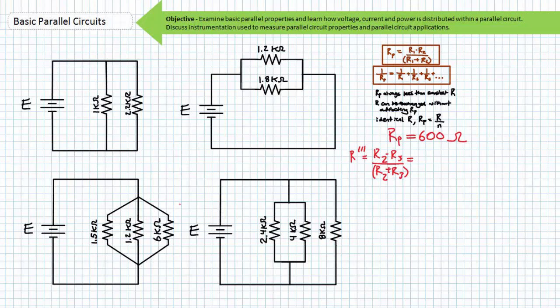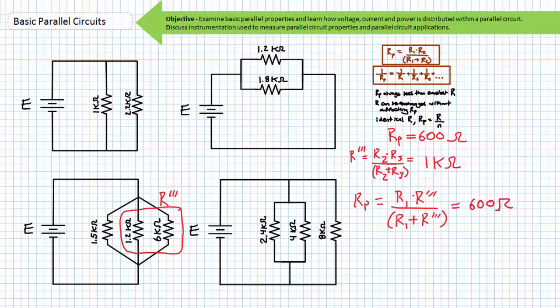Method 3. Finally, we can start by taking R2 and R3 in parallel, and combine them into a single imaginary resistor I'll call R', where R' is 1 kilo-ohm. R1 is then taken in parallel with R' to again yield a final answer of 600 ohms.